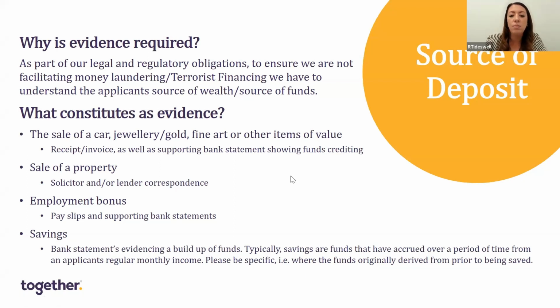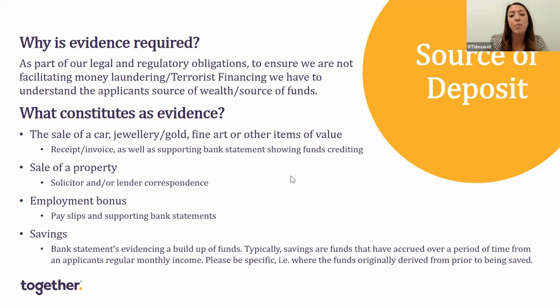What we'd normally expect to see in those instances would be some form of receipt or invoice and probably a supporting bank statement. In some instances a bank statement is great because you can see the funds going in, but if it's a private sale of a high value car, for example, we can't see the reason for the transfer, we can just see the transfer, hence the request for the receipt or the invoice.